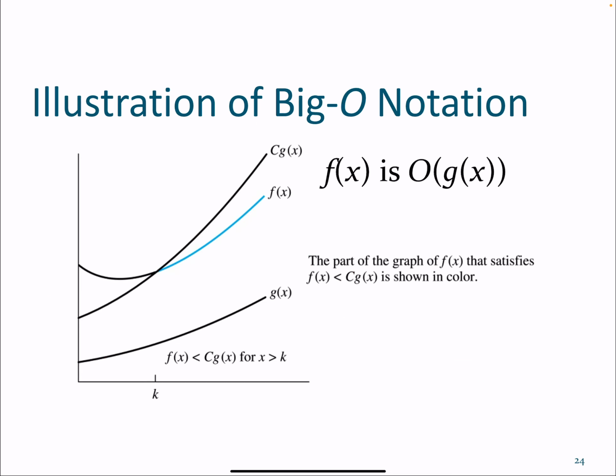On the picture, you can see this illustrates the big O notation. Suppose f(x) and g(x) are both greater than 0, positive. Originally this is your f(x) and this is your g(x).